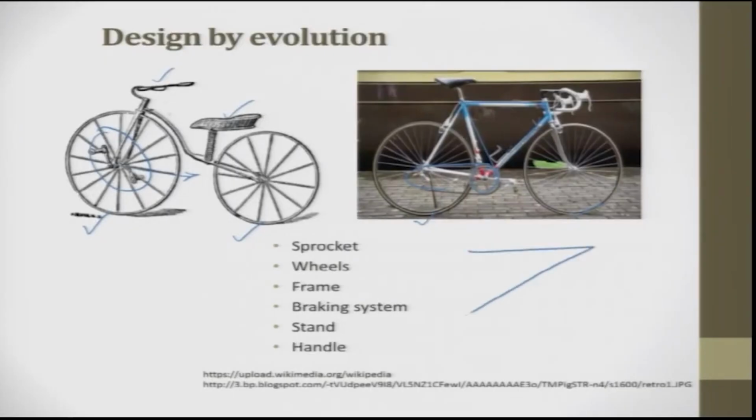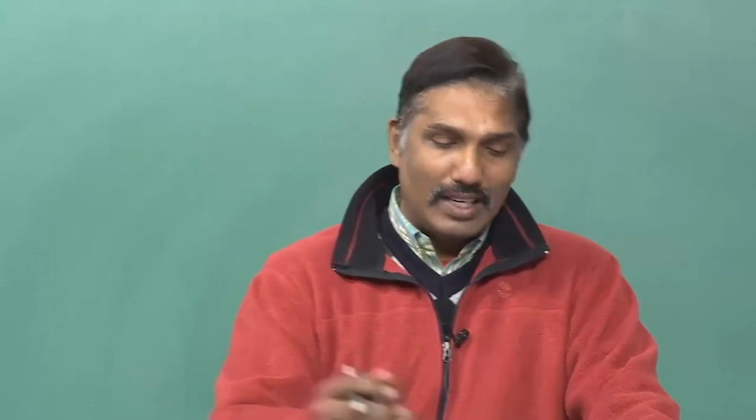Today you have structures like Z, today you have structures like this, wherein more strength is built into the design. These are all recent evolutions, but this is design by evolution. There is a delta x improvement, but not many new things have got attached to it over a period of time.